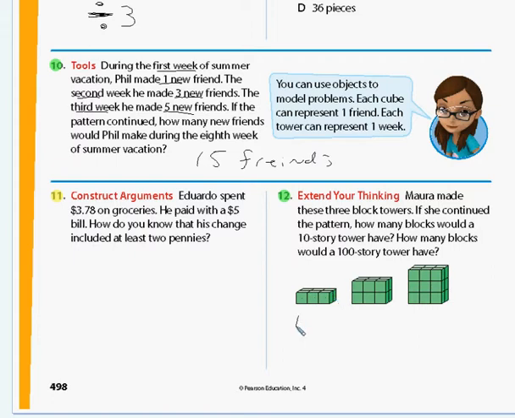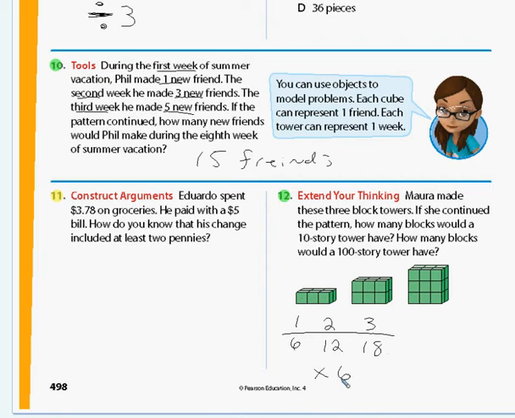So a 1 story has 6 blocks. A 2 story has 12 blocks. And a 3 story has 18 blocks. Because there's 6 blocks per tower, that would be a times 6 rule.